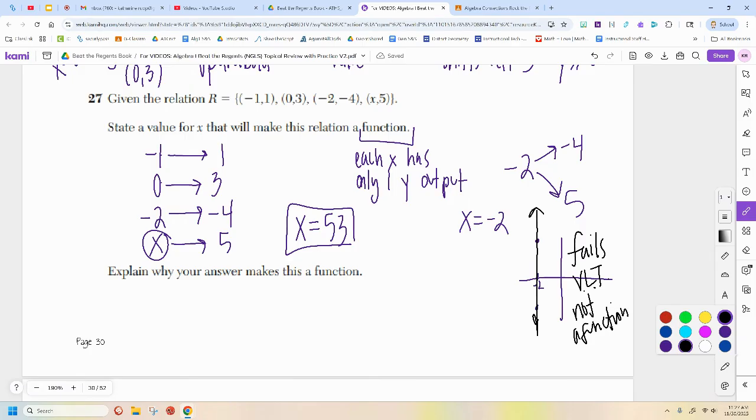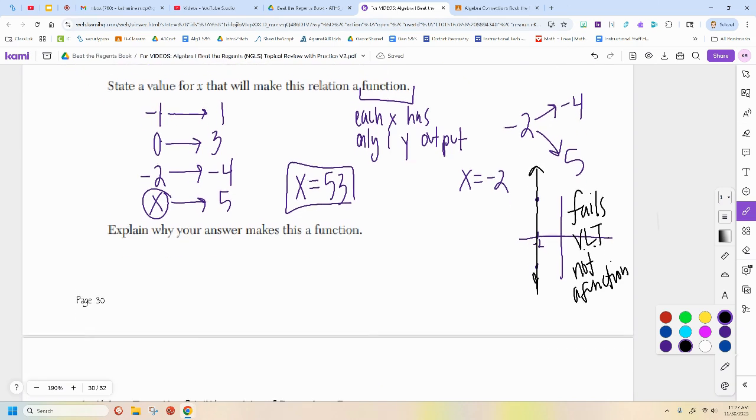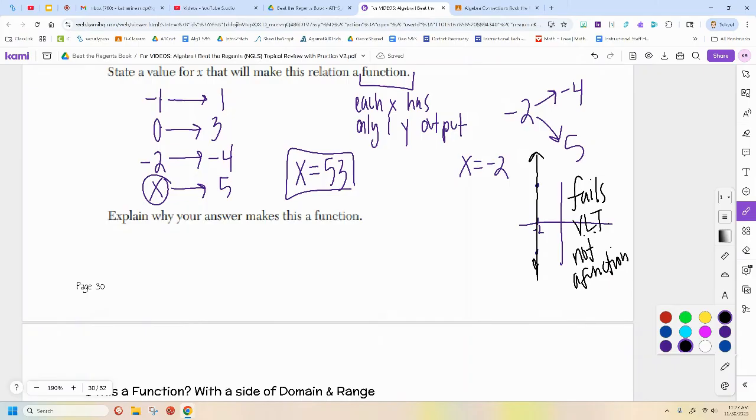All right, so it says explain why your answer makes this a function. An easy way to explain that is when x is 53, it has only one output, which is 5.